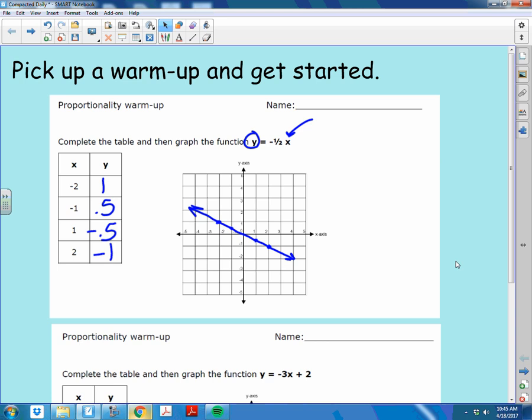By the way, when you do y divided by x, when you're finding that k value, what would the first k value be? What is 1 divided by negative 2? Perfect.